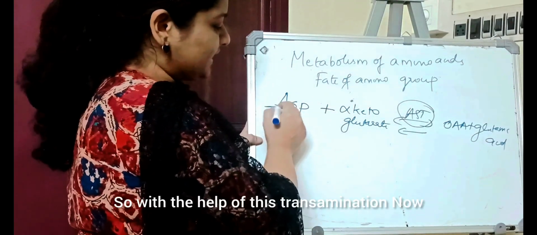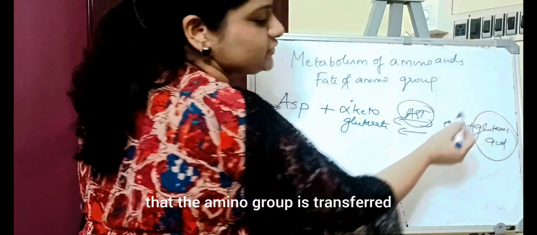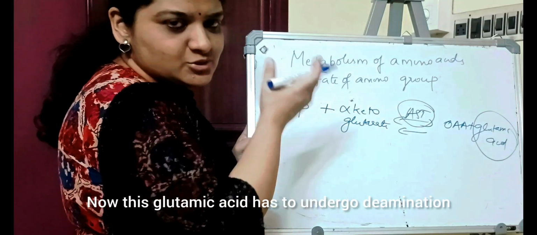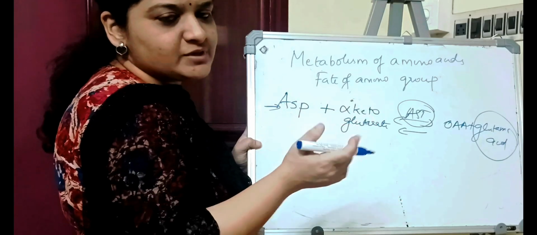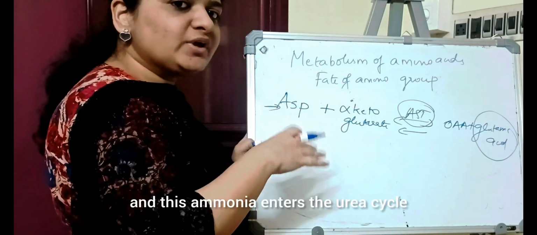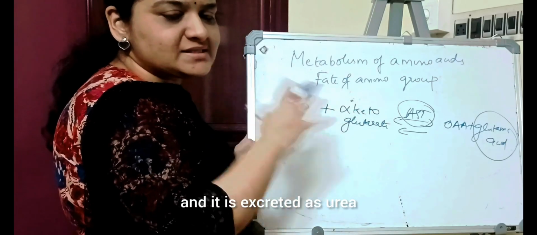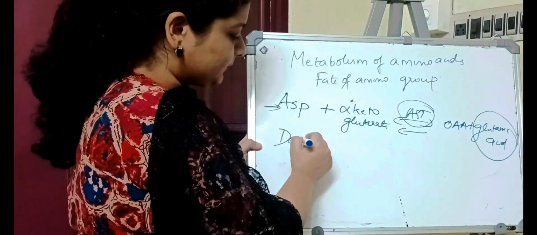With the help of this transamination, the amino group is transferred and what we get is glutamic acid. Now this glutamic acid has to undergo deamination to release the amino group as ammonia. We usually detoxify the amino group as ammonia, and this ammonia enters the urea cycle and is excreted as urine. So the next step is deamination.